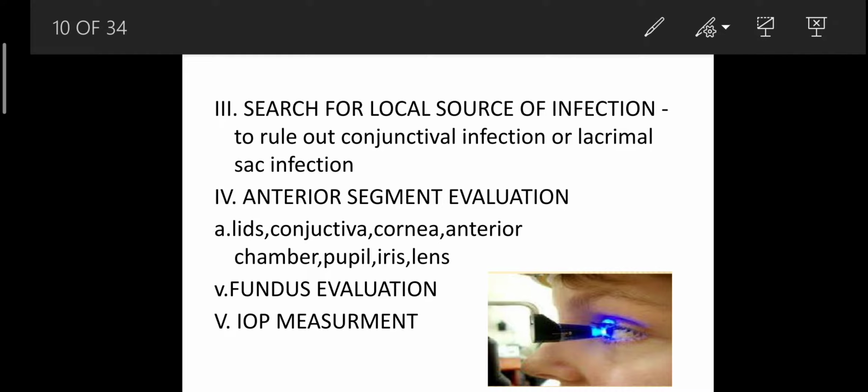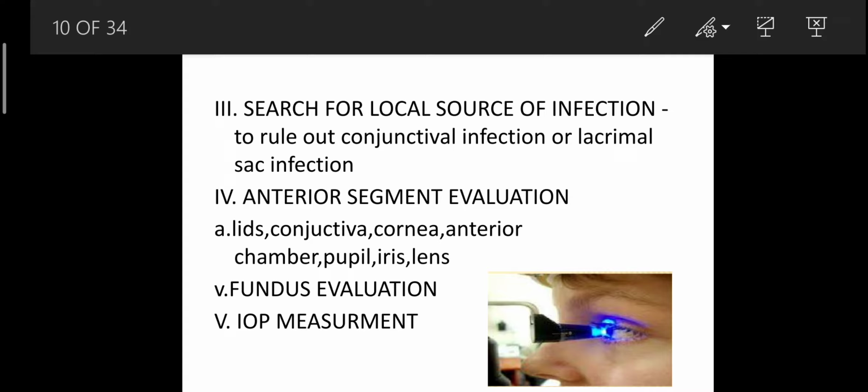And coming to anterior segment evaluation, we need to evaluate the lids to rule out any infections like blepharitis or meibomitis, evaluate the conjunctiva, then cornea. In cornea, rule out any keratic precipitates, look at the corneal endothelium, look for any dystrophies, and anterior chamber depth, whether it is deep or shallow.